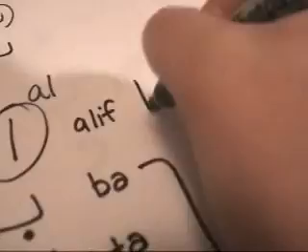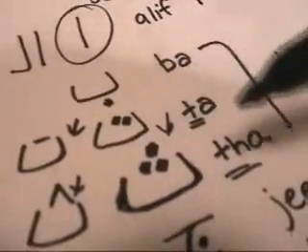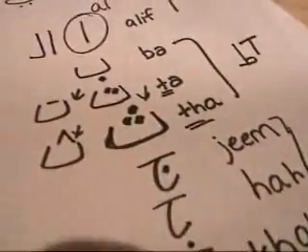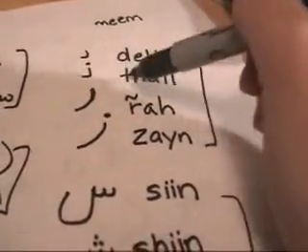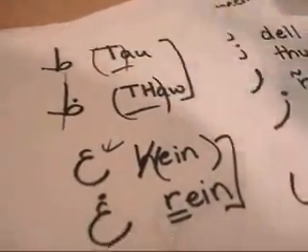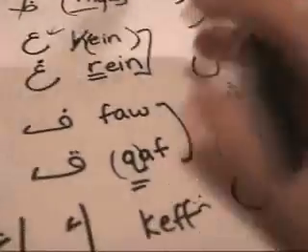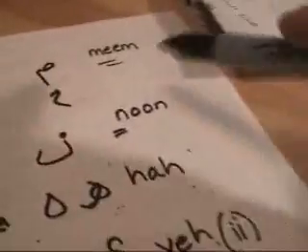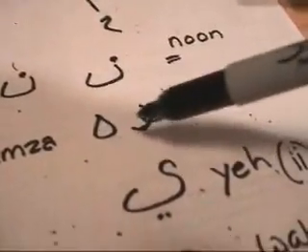Okay, we had Aleph, Ba, Ta, Tha, Jim, Ha, Cha, Dal, Thal, Ra, Zain, Sin and Shin, Sod and Dod, Tau and Tau, Ain and Rain, Fa and Kof, Kef, Lam, Lam Aleph, Mim, Nun, Ha, Ya, Wa, and Hamza.